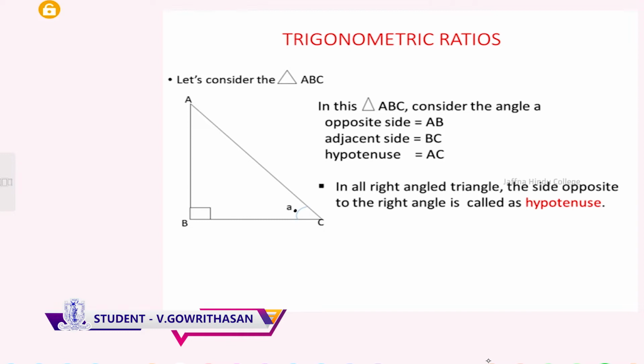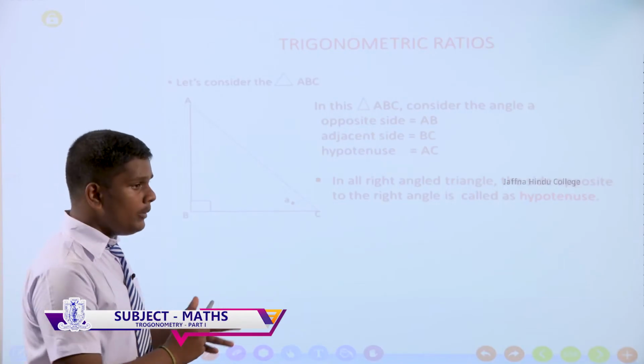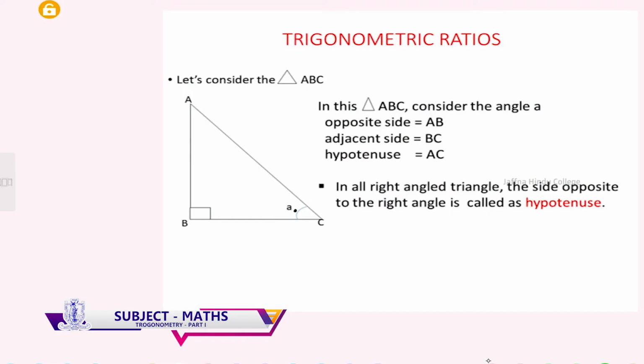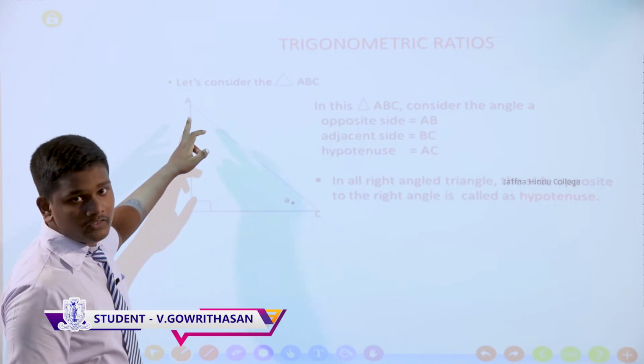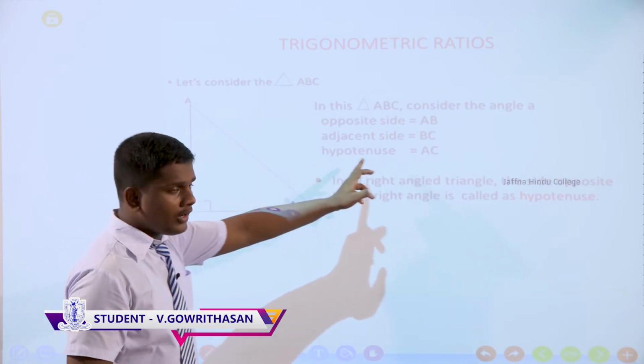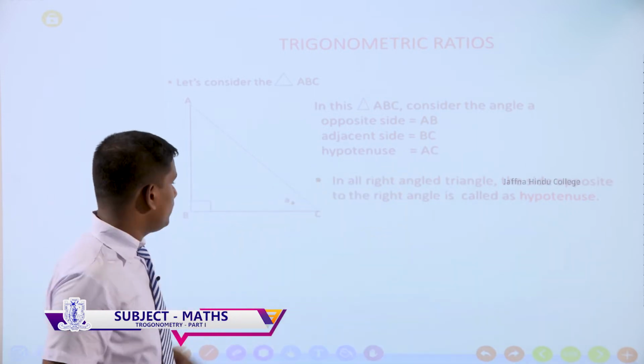First of all, we must find the hypotenuse. What is the hypotenuse? The hypotenuse is the side opposite the right angle of the triangle. The side opposite the right angle is AC. Therefore, the hypotenuse is AC.